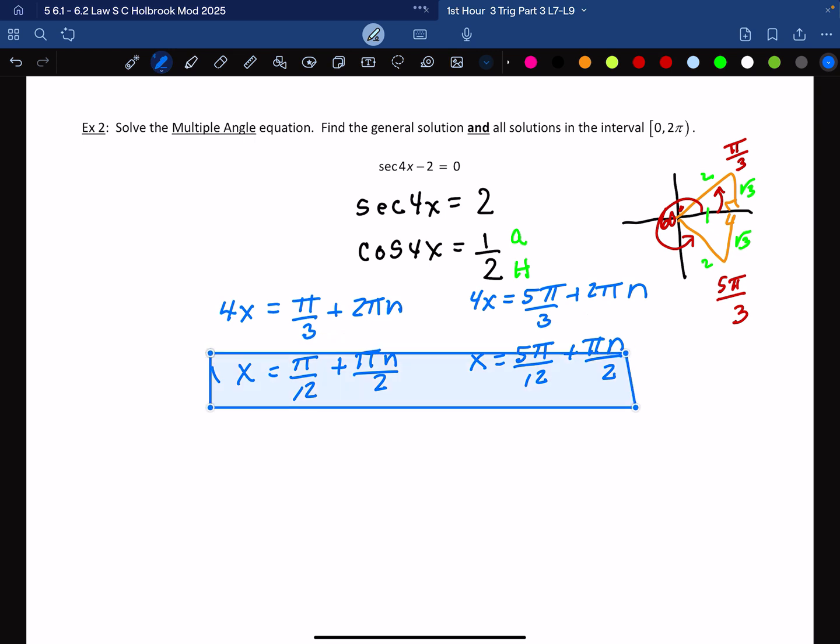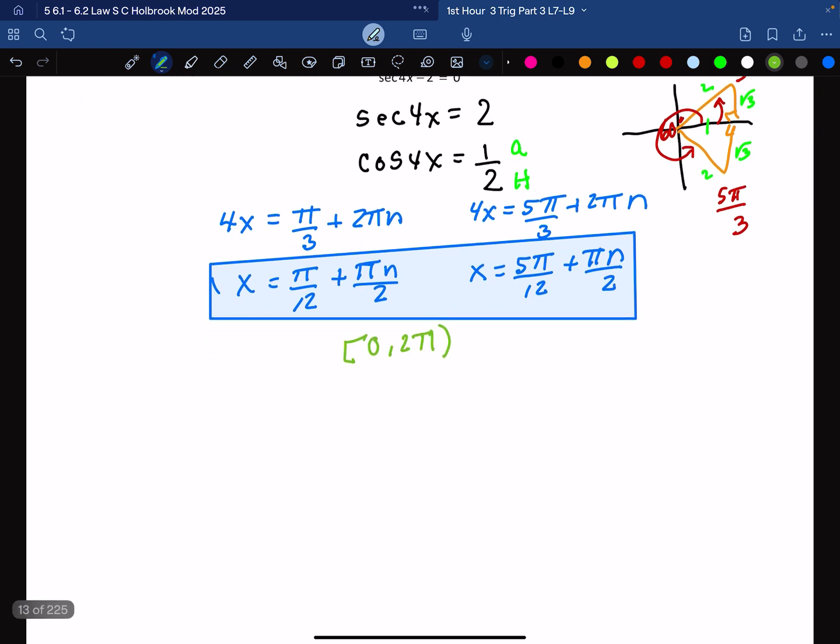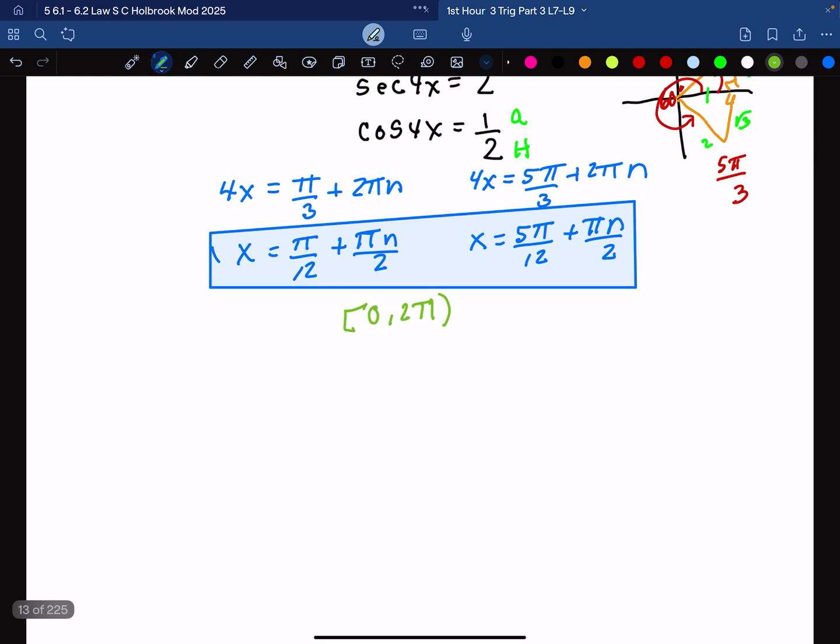Now if that is your general solution, let's go ahead and find the solutions in the interval of 0 to 2 pi, for just one lap around. We're going to do the exact same thing that we did in the previous problem. I'm going to rewrite both of these with the exact same denominator.